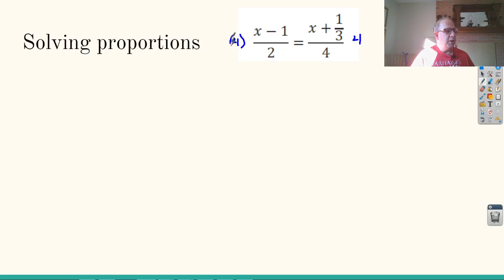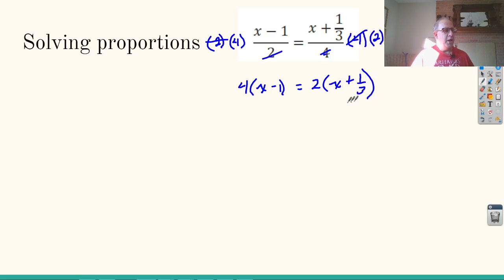And the best way to simplify is the property of equality. So if I multiply both sides by 4, and then I multiply both sides by 2, the 2s on this side cancel out, the 4s on this side cancel out. So now I have 4 times (x minus 1) equals 2 times (x plus 1/3). And you're saying, Mr. Murphy, why are you putting parentheses around there? Very important, right?